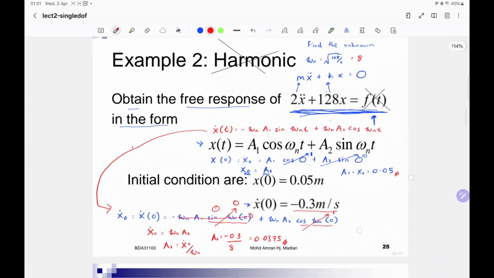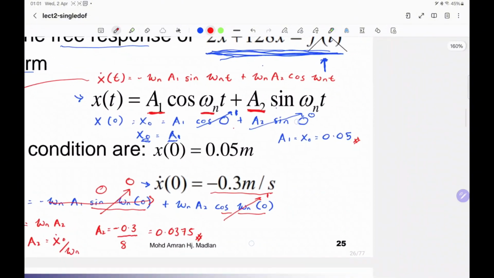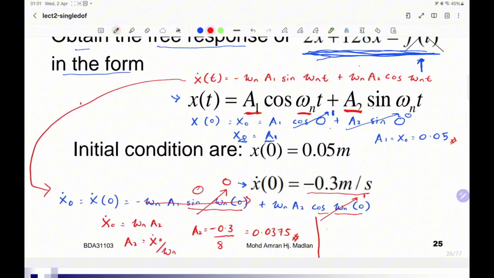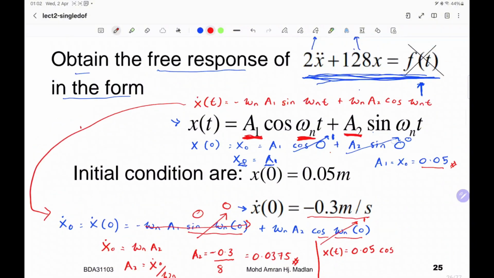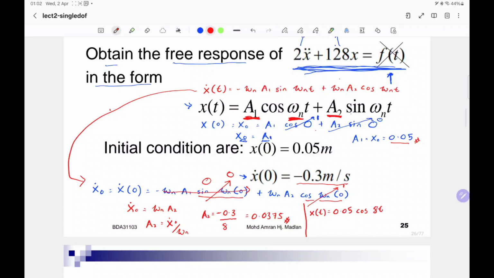Now what we need to do is replace the A1 value in here, the A2 value in here, and the omega n value. So x t is equal to A1, which is 0.05, cos omega n t. So omega n is 8, cos 8t plus A2.